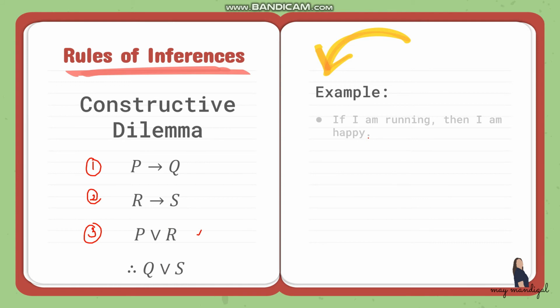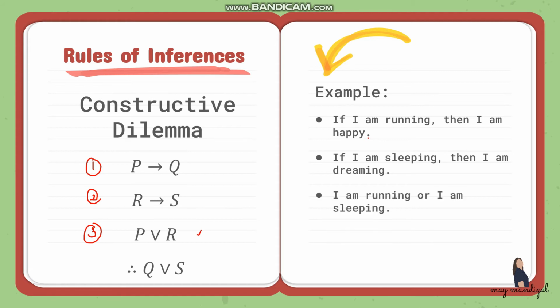So example, if I am running, then I am happy. That is the first premise. If I am sleeping, then I am dreaming. I am running or I am sleeping. As what we know, if you are running, then you're happy. If you're sleeping, then you're dreaming. And then, you are either running or sleeping.